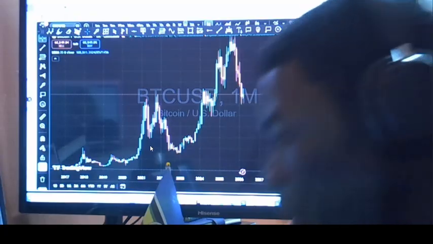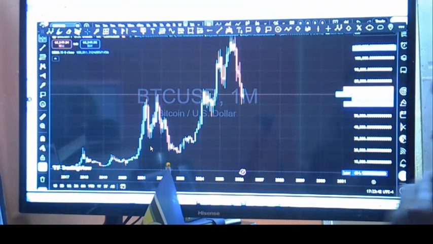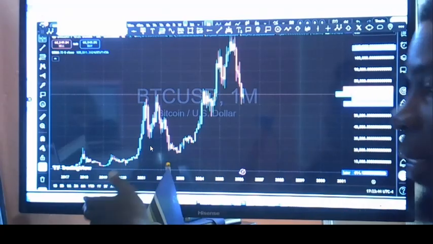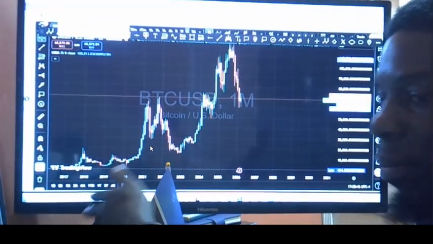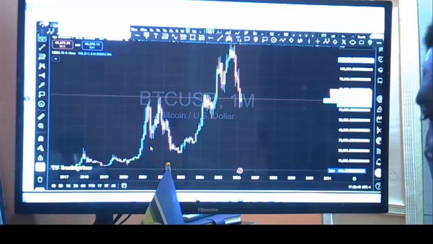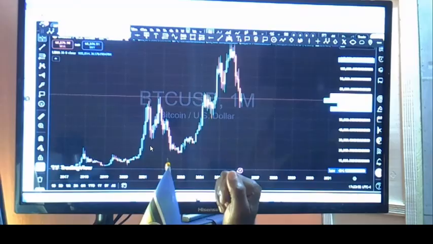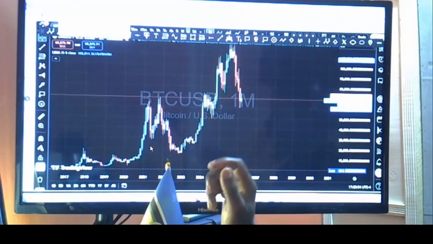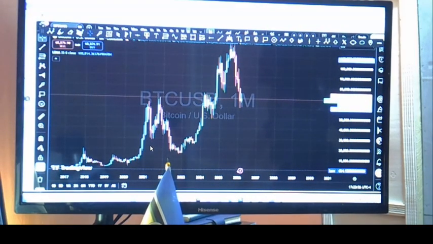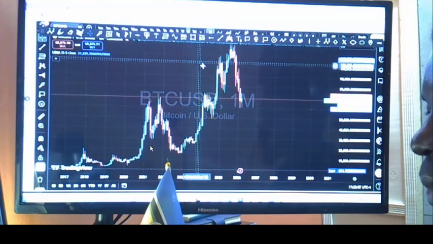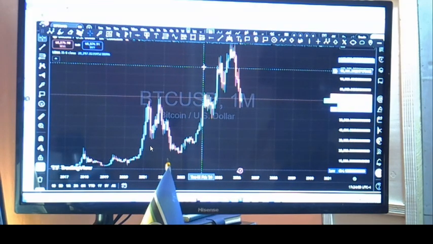Now, how are we going to backtest this here, the way you can see it, so that everyone understands the backtesting part of it? When we are backtesting, there are key factors we have to consider.